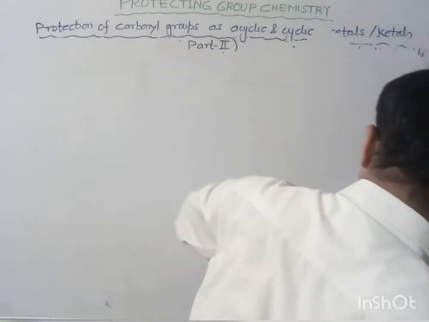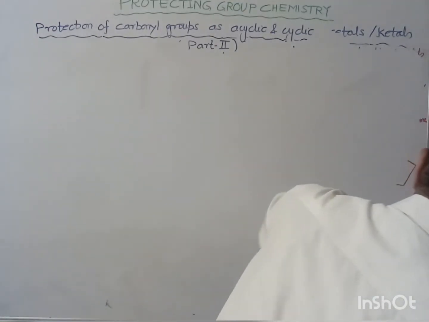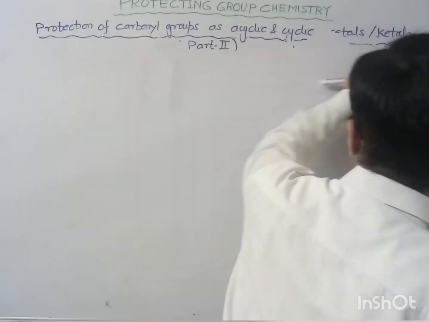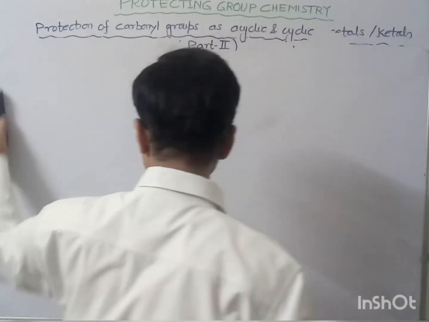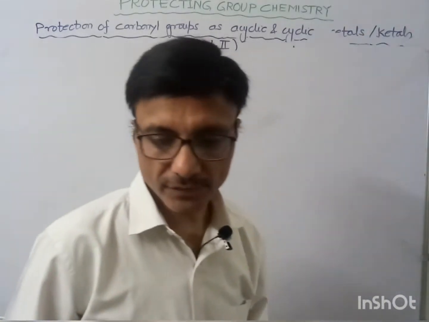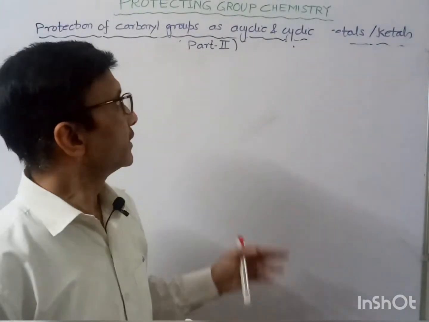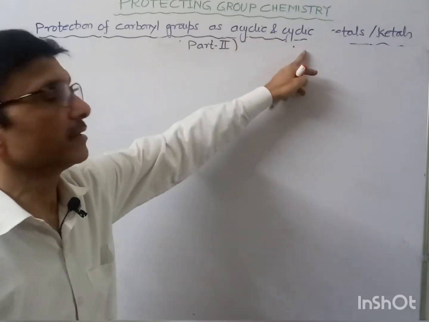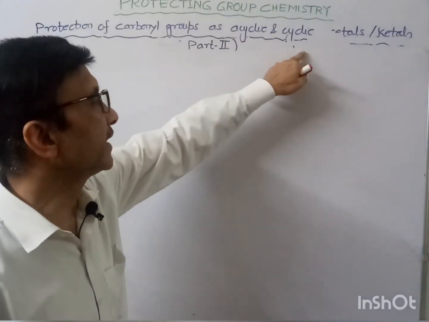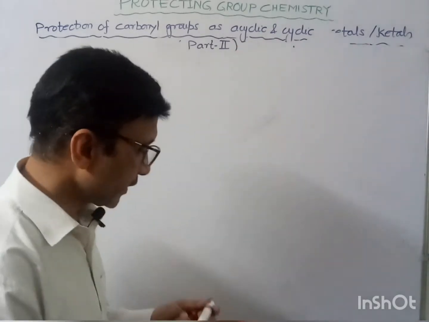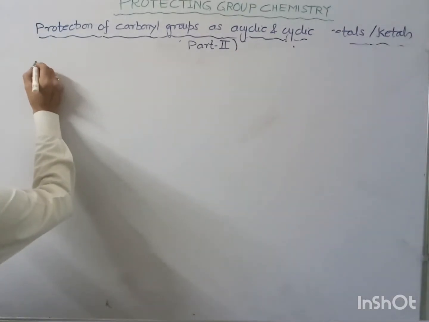So we have discussed the various ways of protection of a carbonyl group. One is the acyclic one, another is the cyclic one. One of the things I want to tell is that cyclic protection is much preferred over acyclic protection. Why?